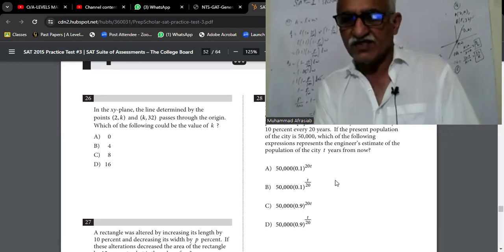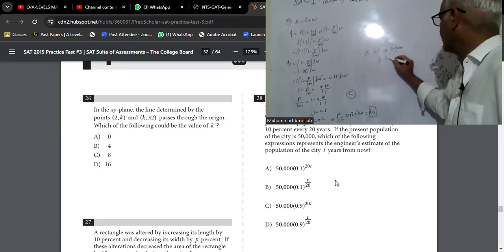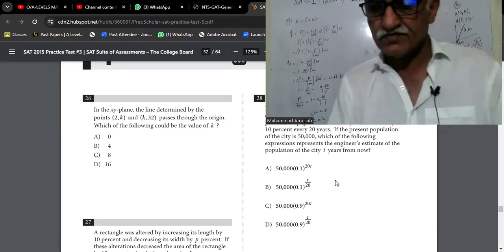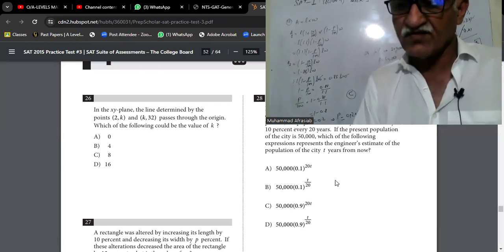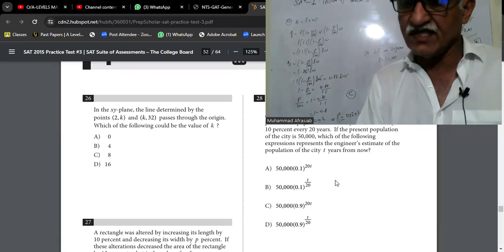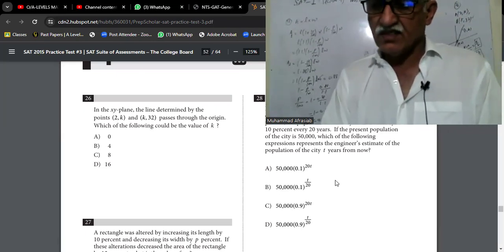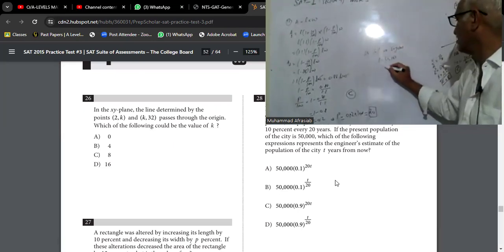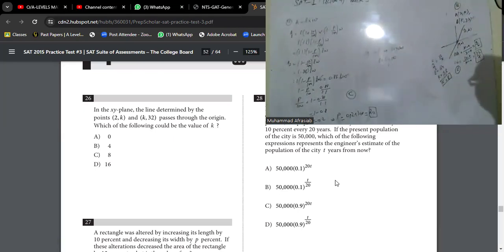If the present population of the city is 50,000, which of the following expressions represents the engineer's estimate of the population of the city T years from now? So T years from now, we need to give the expression for that.